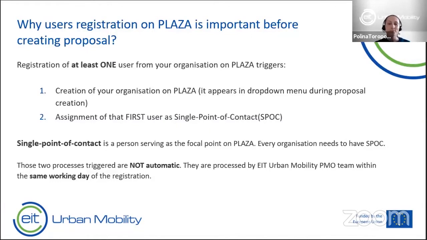Next slide, please. So why is it really important that users register on PLAZA even before creating your proposal? Because registration of at least one user from your organization triggers two processes. So basically, once at least one user registers, we create your organization on PLAZA and assign your first user as a single point of contact.